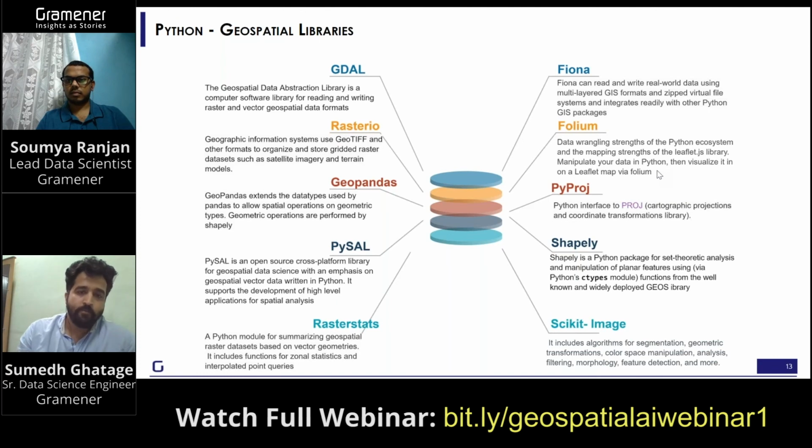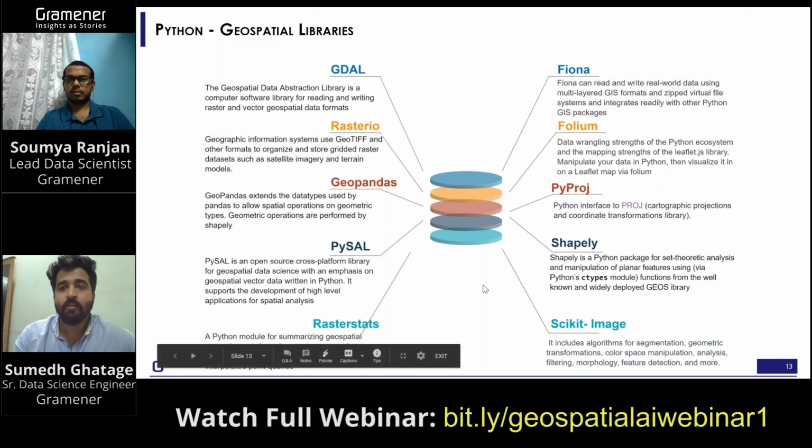So when we talk about zonal statistics in geospatial datasets, these concepts might be new for a programmer who is getting into geospatial analysis, but might not be new for the geospatial analyst who wants to get into geospatial data science and increase the capabilities of Python. For zonal statistics, we have a library called rasterstats, which gives information at zone level.